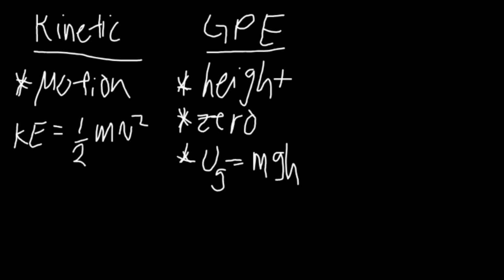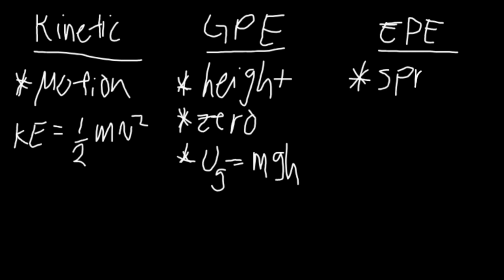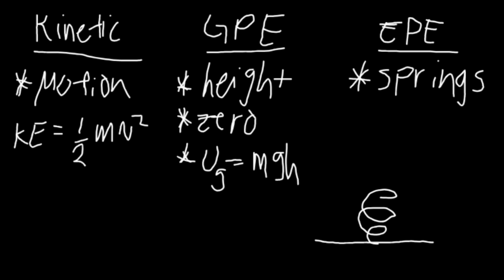And the third type of energy we are going to be looking at is elastic potential energy. This potential energy has to do with springs. So springs is a new topic to us. We will study it much more extensively when we get to simple harmonic motion. But to give you an idea of what we mean when we speak about elastic potential energy, think about having a horizontal surface, and that's not the best spring.